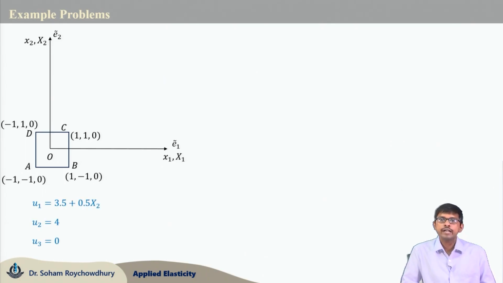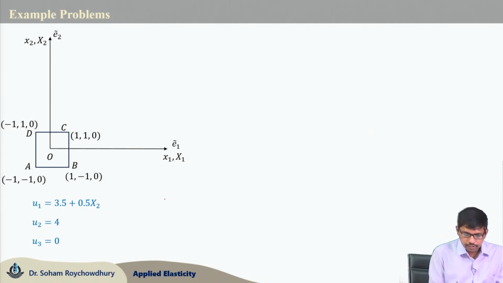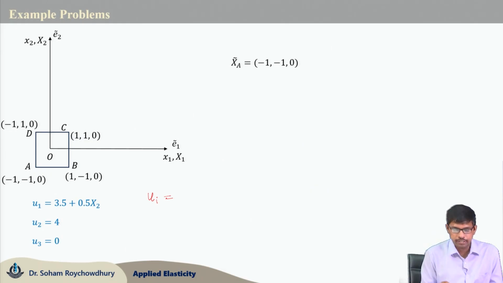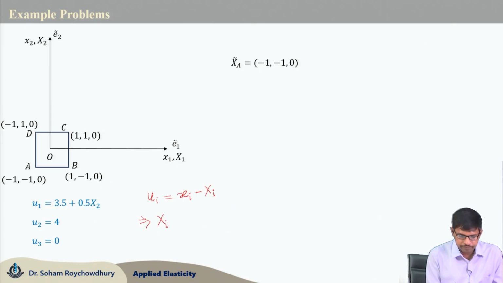Now, we had already defined the displacement components u1, u2, u3 in the material description, and with the help of this we can obtain the deformed coordinates. The ith component of u of any point is small xi minus capital Xi. Thus, capital Xi plus ui will give us the deformed location.